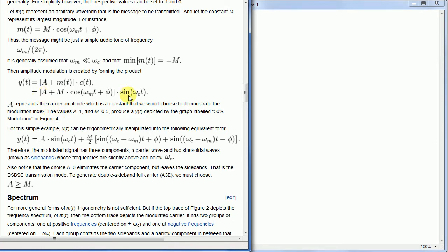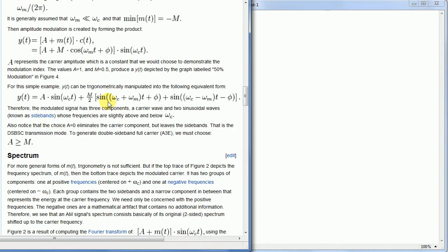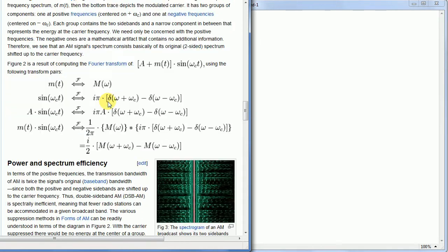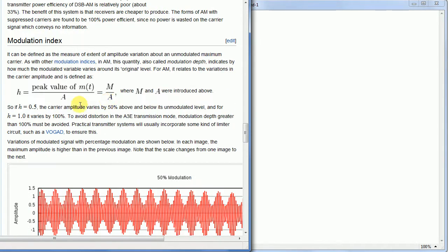So this is what you get. If you look carefully, this is the voice part, and this is the carrier part. And you multiply that, and you get the signal. And how much you modulate is defined by m over A. m is the signal strength, that is your voice amplitude moving up and down, and this A is just a constant added to it.